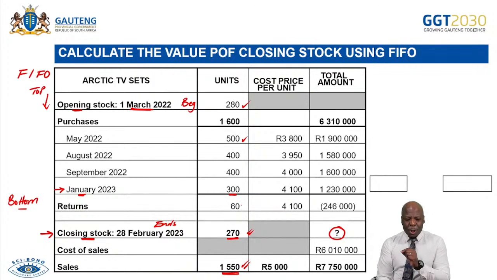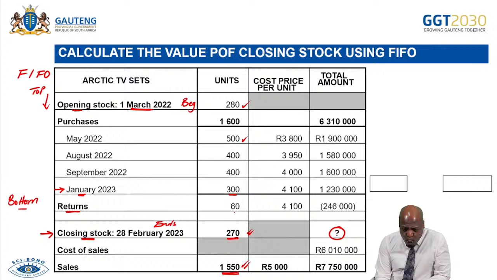It is very important to note that before you even begin to calculate, you need to check in your question if there are any returns. That is, maybe we discover that the stock was defective, broken, damaged, wrong color, wrong texture, so we sent it back to the supplier. If there are any returns, we need to subtract them. The question is, where do we subtract them?